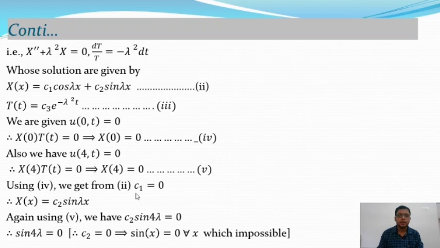Using 4, we get from equation 2 the constant value c1 = 0, and therefore from equation 2 we will get X(x) = c2 sin(λx).